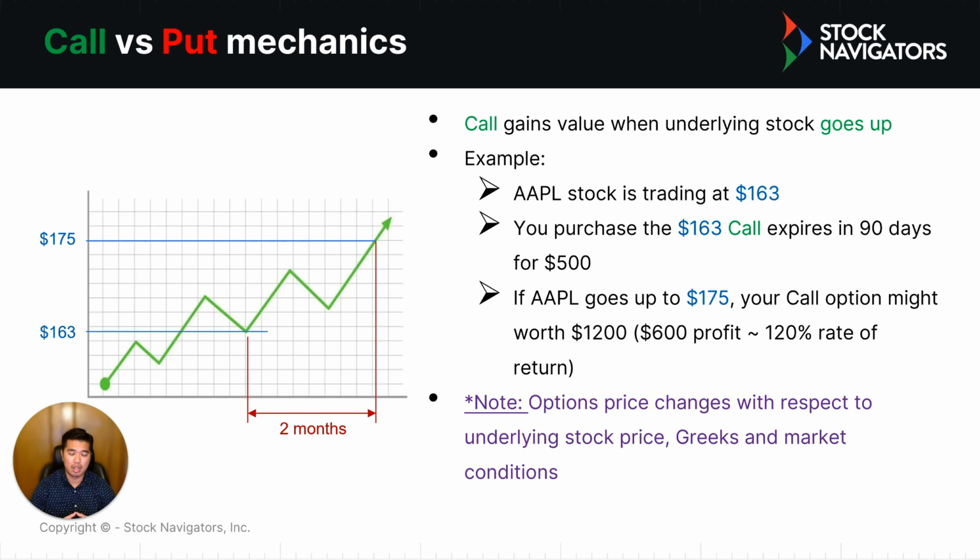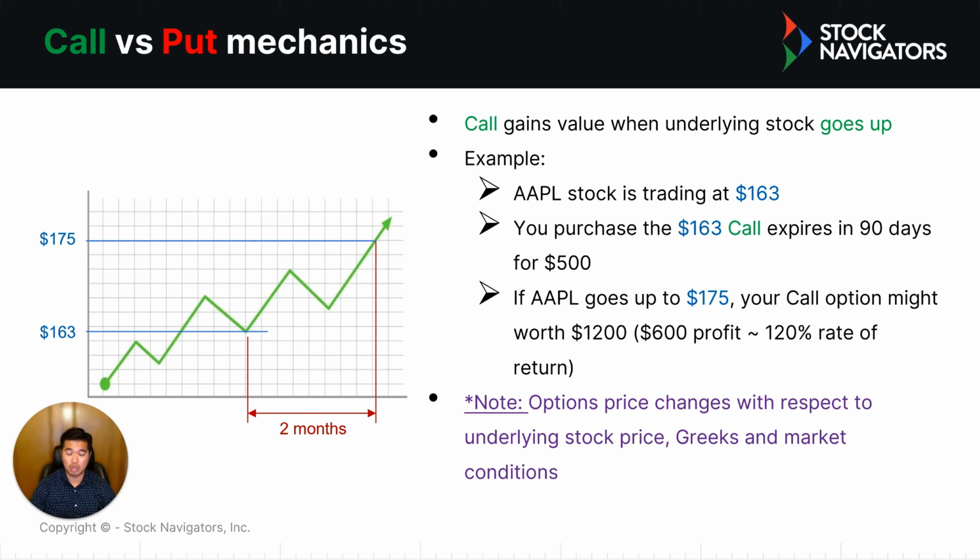for the price of $5 per share. Each contract is equivalent to 100 shares, so that means $5 per share is $500 per contract. Let's say in the next 2 months Apple price goes up to $175, so your option will also gain value.